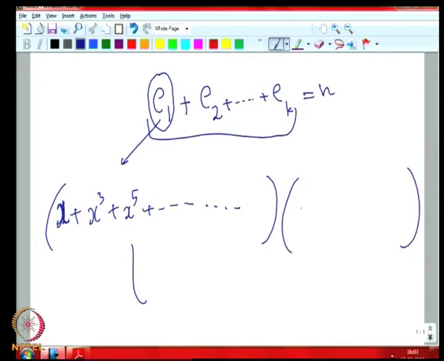And E2 will be coming from something like this, and we can construct this sum in such a way that the conditions on E2 are satisfied. Like that we can form a product, and the coefficient of x raised to n in that is what we are interested in.